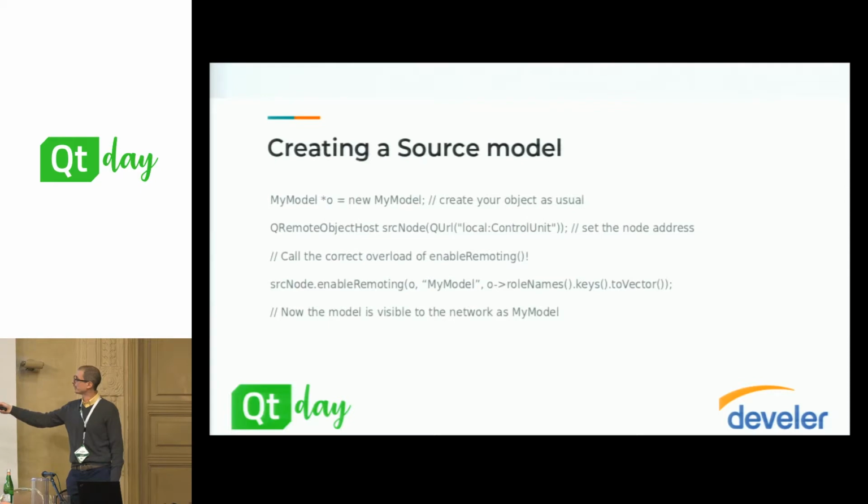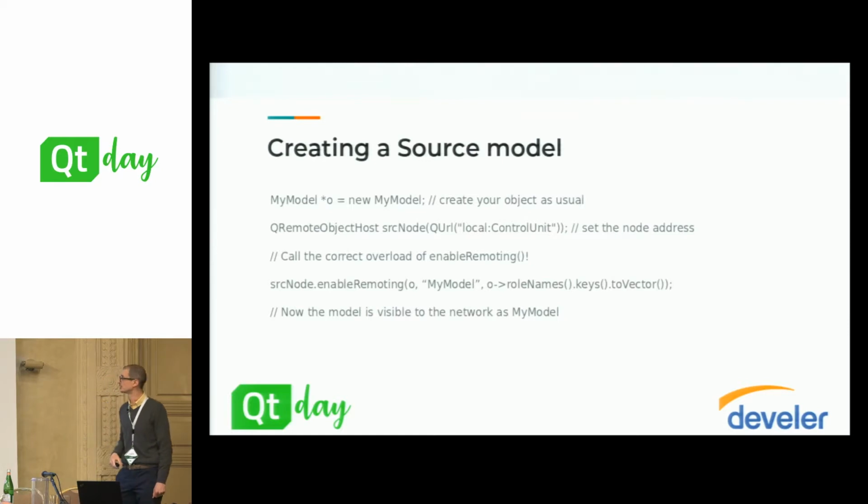Again, we are sharing the object, we are giving it a name, and we are giving a series of rows that we want to share. Now this model is visible on the network with the name myModel.